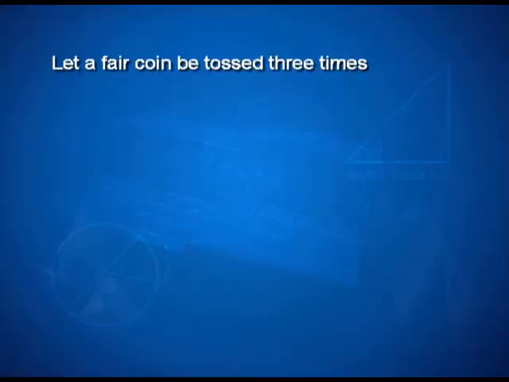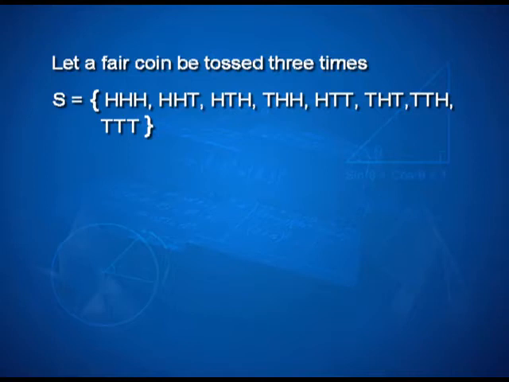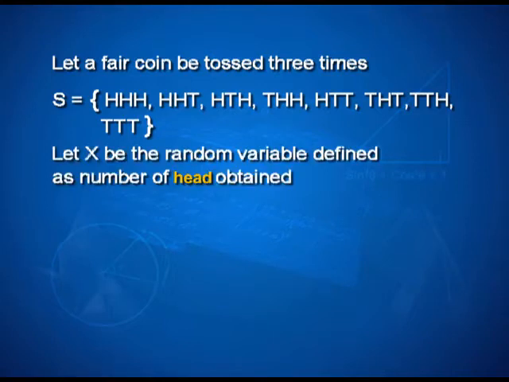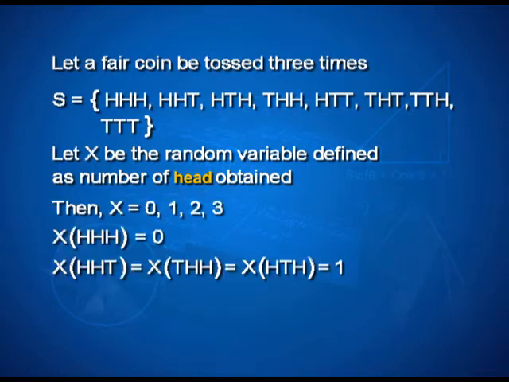Now, suppose I have a coin tossed 3 times and the sample space results as this set with 8 possible outcomes. If x is the random variable defined as number of heads obtained, then obviously x takes the value 0, 1, 2 or 3. That means I can have no head appearing, or 1 head, or 2 heads, or 3 heads.